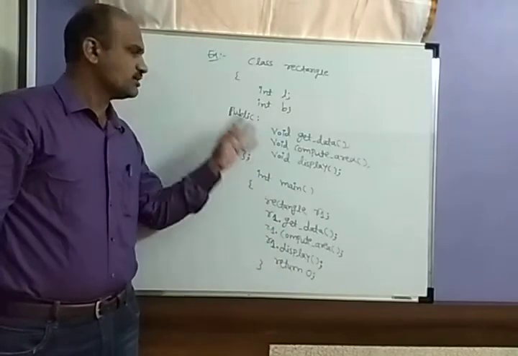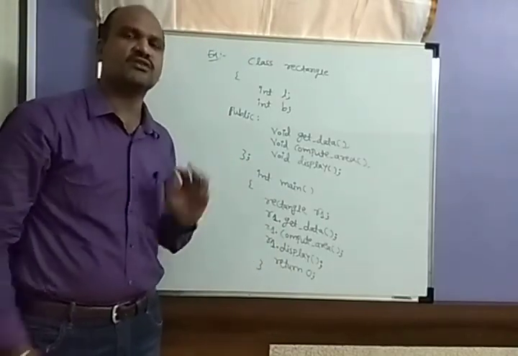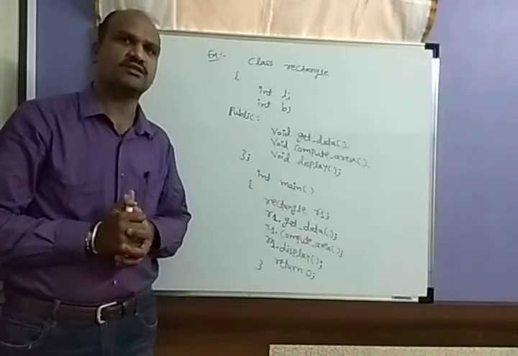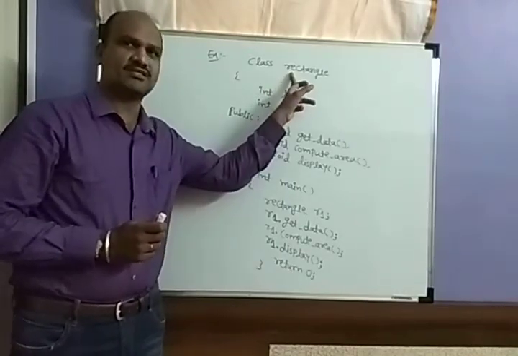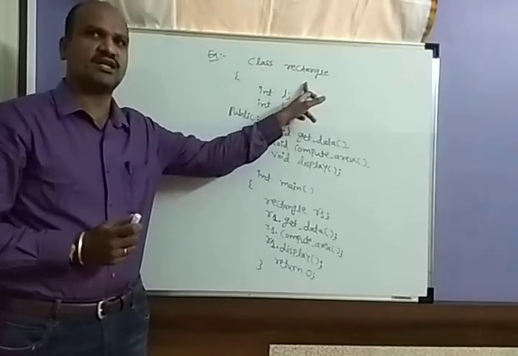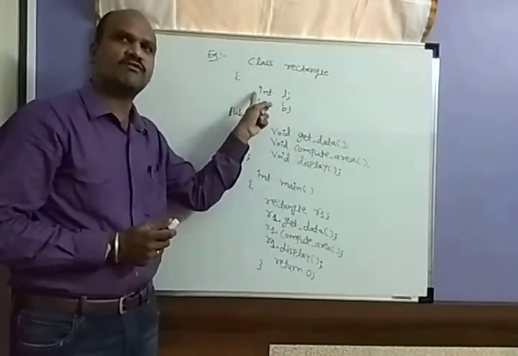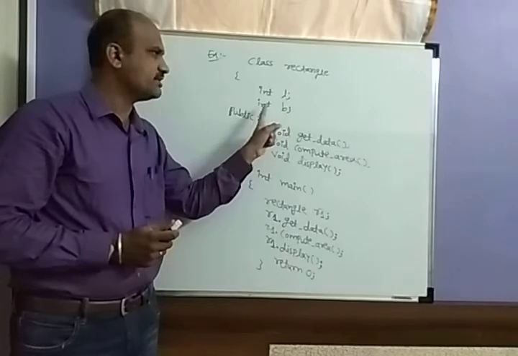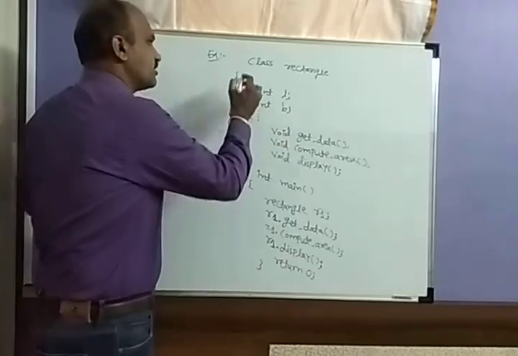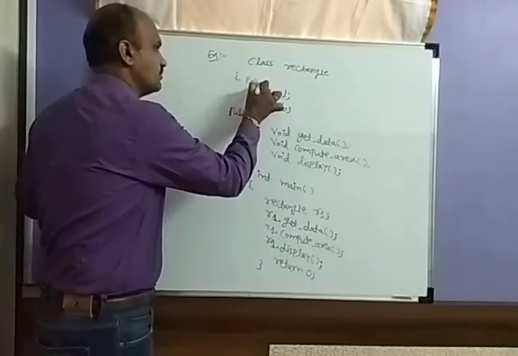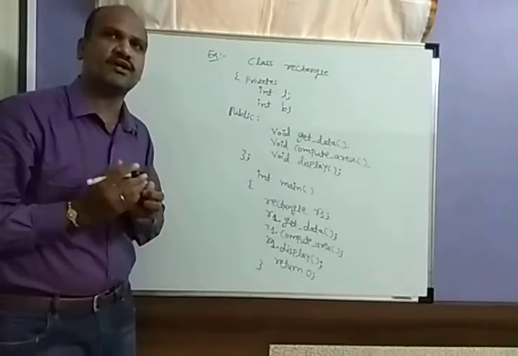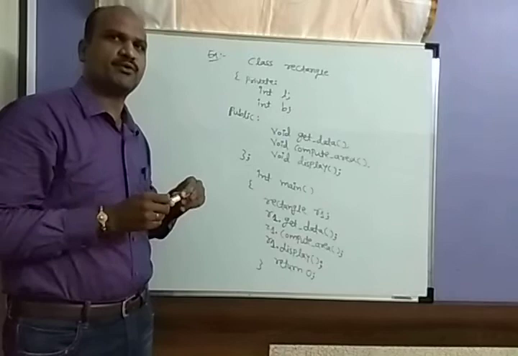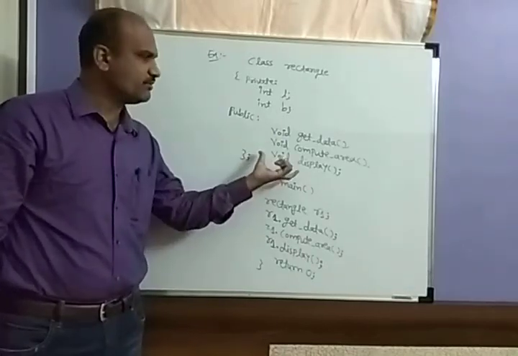Very important: we use the dot for accessing through the object. Here we have defined the integers L and B, which are automatically in the private section, since if you do not define any access specifier, the default is private. Next, in public we define the three functions.